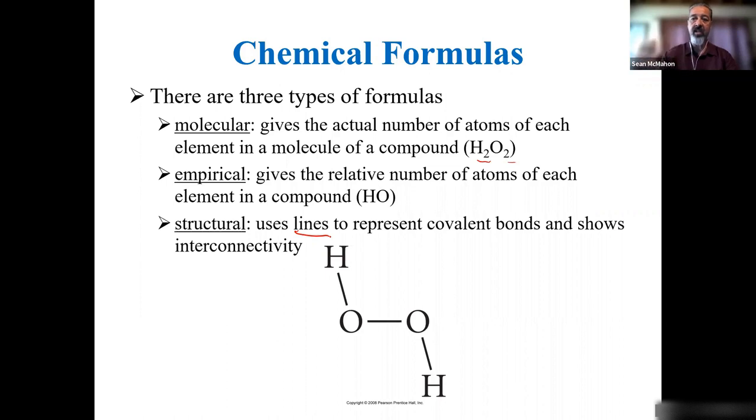We did this in chapter 4 when we talked about valence electrons and using the Lewis dot series. If you guys remember, hydrogen had one dot, and it had one dot because it was in group 1A and had one valence electron. Oxygen has 6 dots, and it has 6 dots because it's on the periodic table group 6A. So what this is showing is, here's hydrogen's one dot, here's a dot for this oxygen, here's a dot.